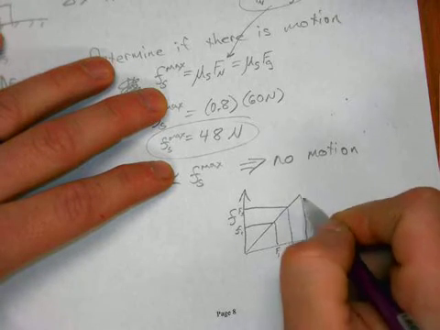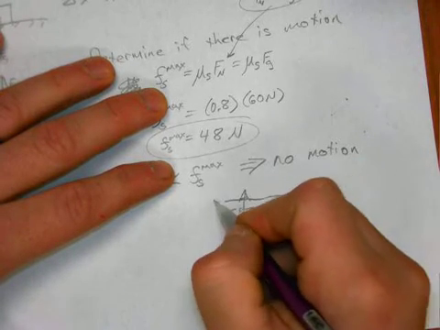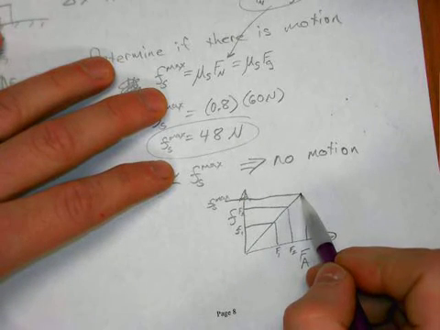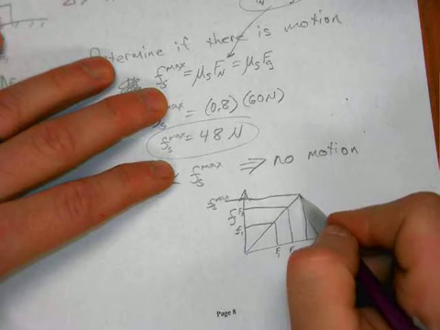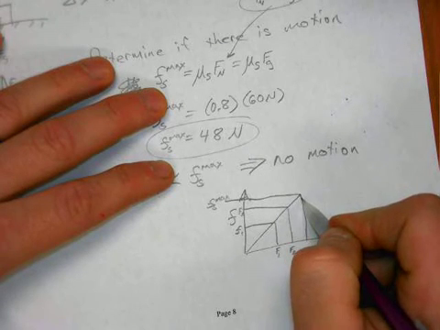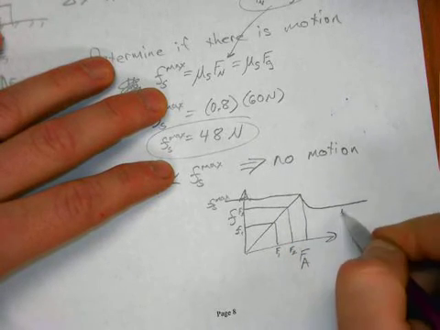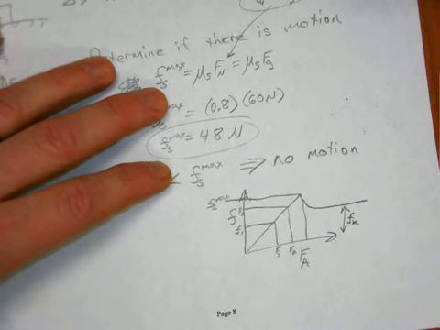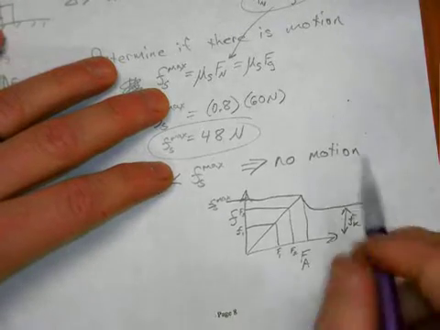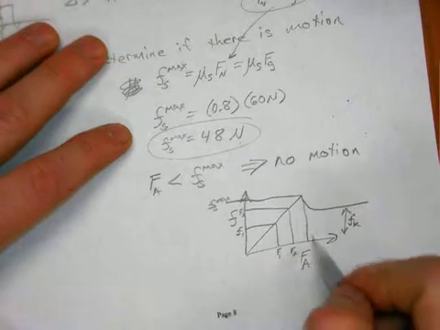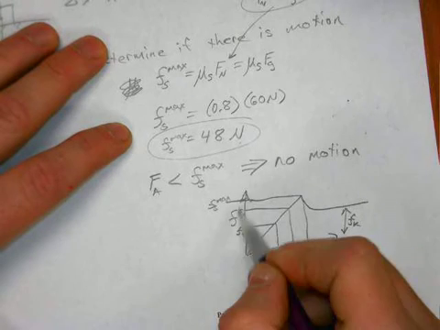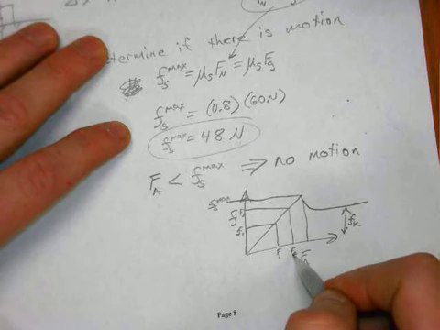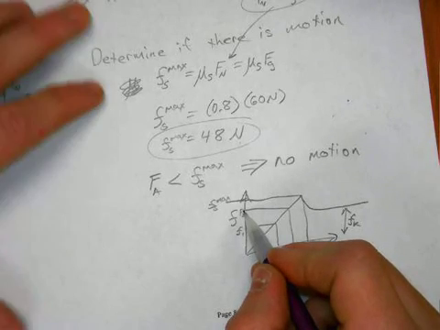When you get up to this point, Fs max, that is the point at which you overcome the frictional force and the object starts to move. Then the force of friction drops down to some standard constant level, and that is the kinetic frictional force. That never happens here because our force applied is less than the force of maximum static friction. So it's going to be like F2 here. And if it's F2, then the frictional force is going to equal F2.